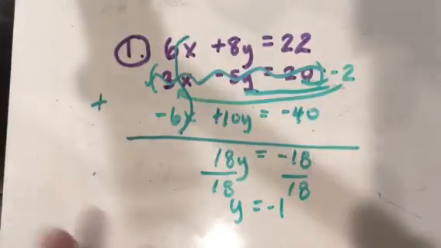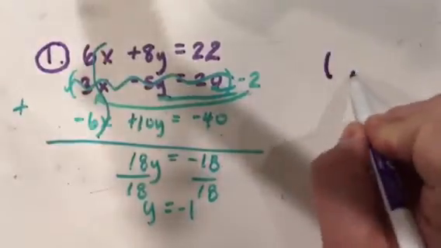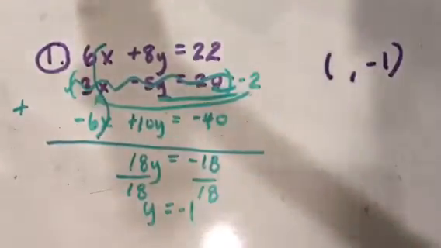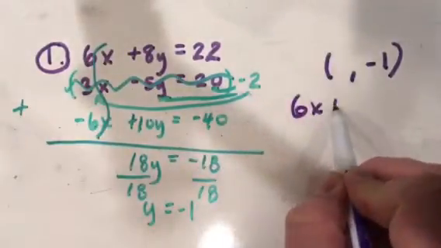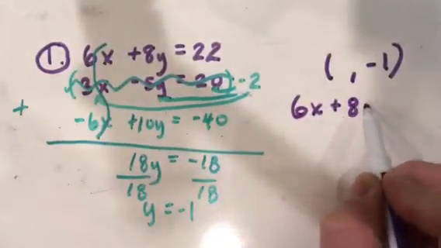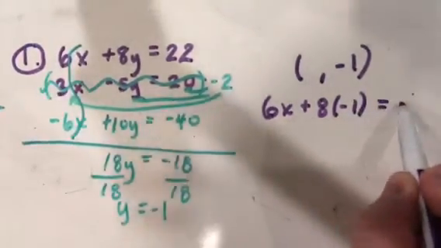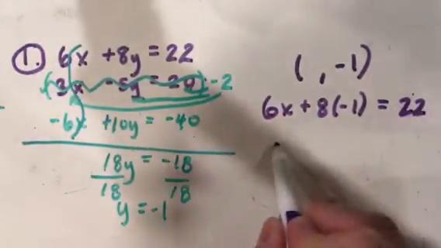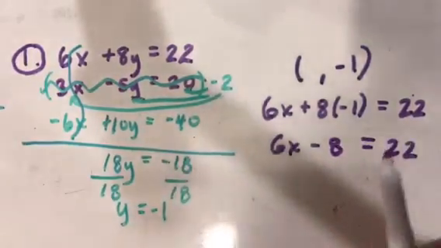Now, remember, that's half the battle. Still have to go find x, so let's go back to that top equation, 6x plus 8y. But what do we now know? We know that y is -1. We know that it's supposed to equal 22. We get 6x minus 8 equals 22.